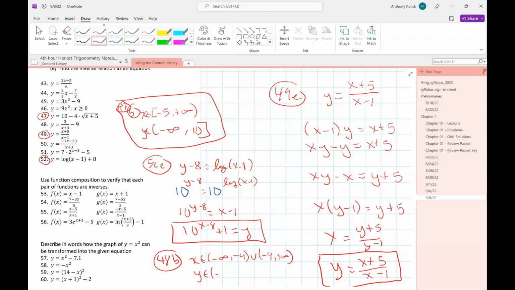And the range would be negative infinity to -9, and then -9 to positive infinity. So everything except for -9. If you remembered simple rational functions from last year, you could have pulled the domain and range without even doing anything. Probably would have wanted to look at the graph though.